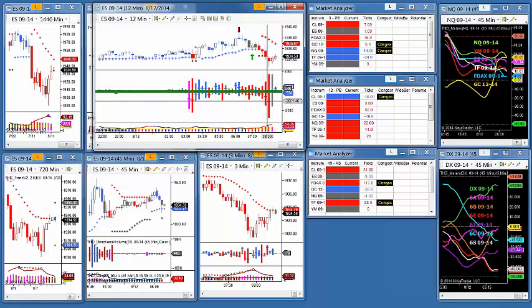The little hash mark on here tells you who won that process. In this case, the sellers were winning the process. Does everybody understand that? The gray bar is an inside bar. Any other questions so far?